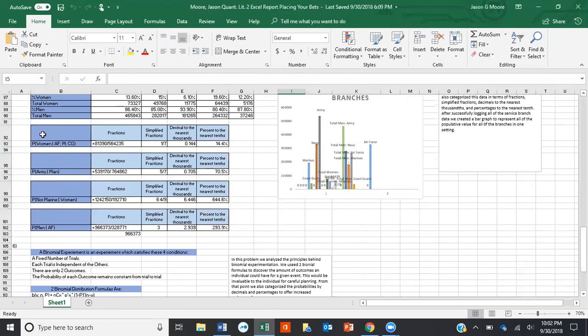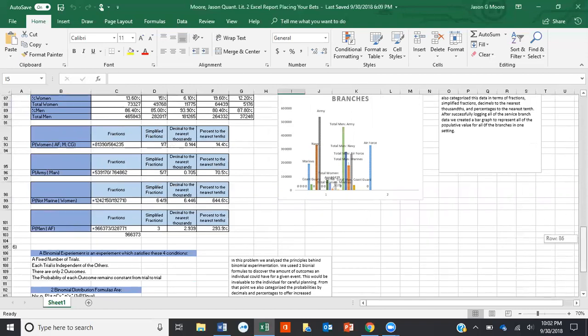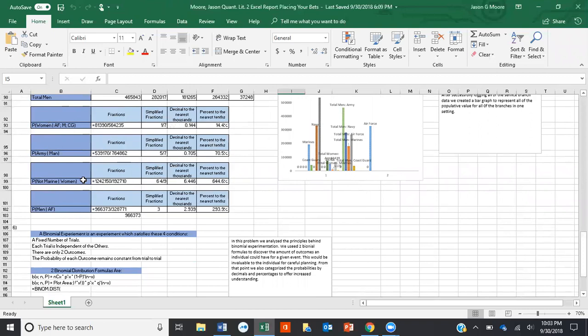We also calculated the number of women in the Air Force, the Marines, and the Coast Guard here, which came out to roughly 1.7, or at least 14.4%. We did that same process again for the Army, for those that were men, and we came out to roughly 70.5%. Again, for those that were not Marines, that were women, we came out to about 6 4/9, I believe.